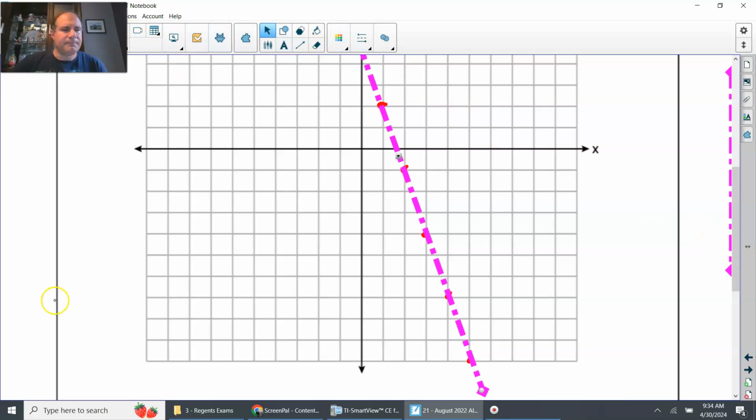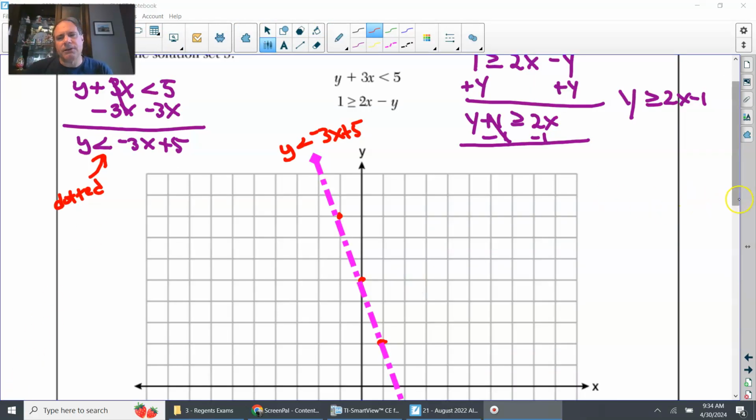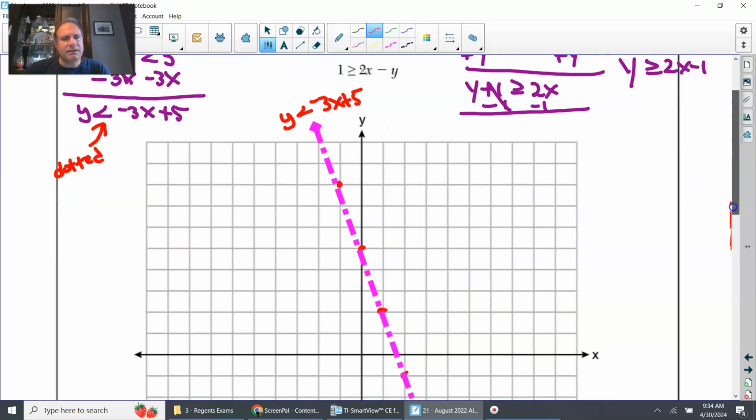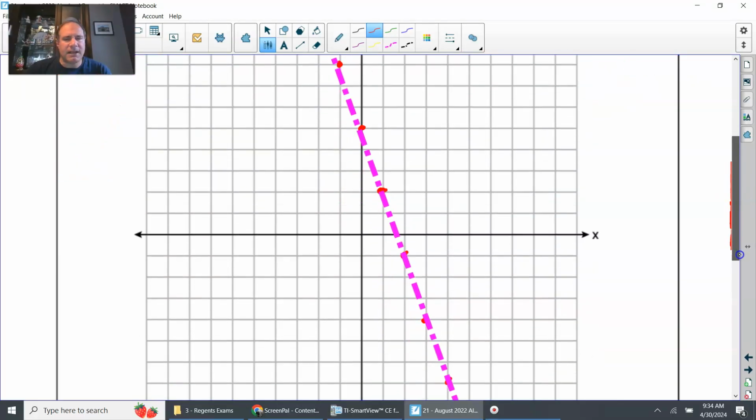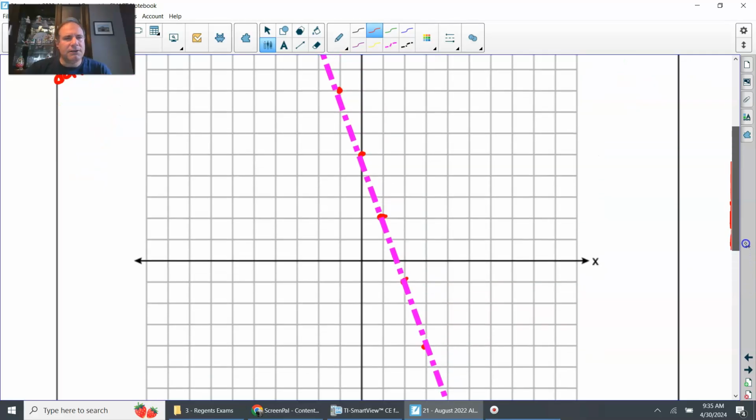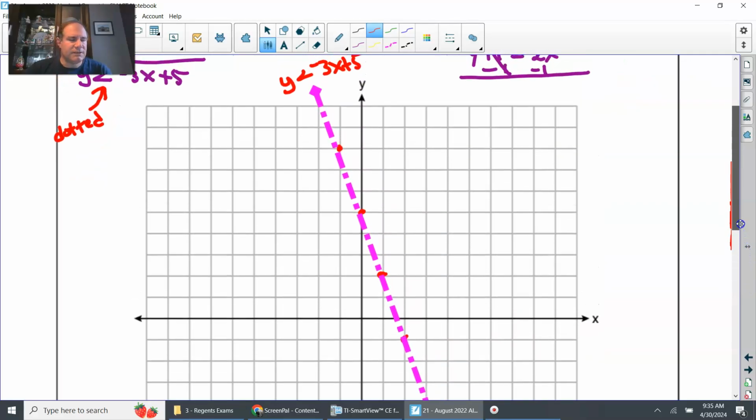All right. Just remember to put arrows on either end and the inequality on the top or the bottom of the line.